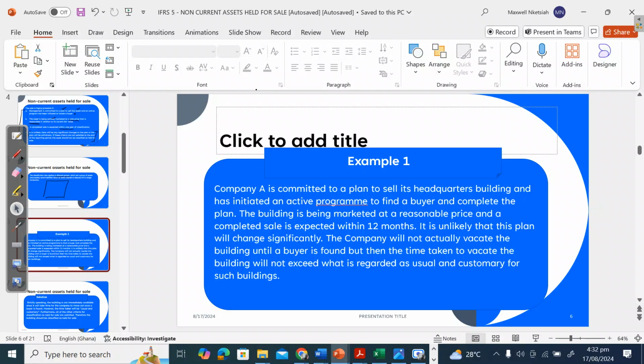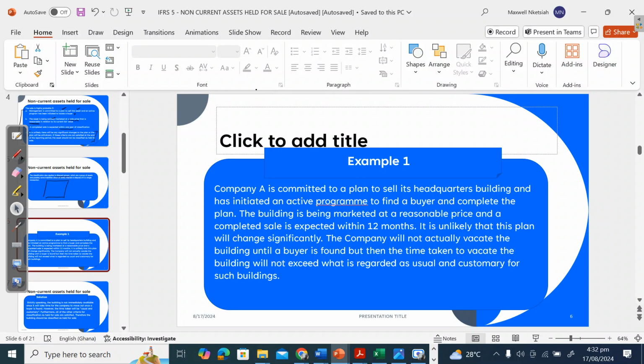So this company wants to sell their headquarters building and has initiated an active program to find a buyer and complete the plan. The building is being marketed at a reasonable price and completed sale is expected within 12 months. It is unlikely that this plan will change significantly.